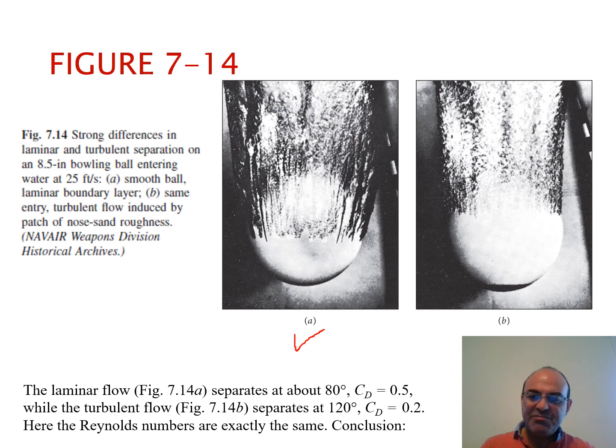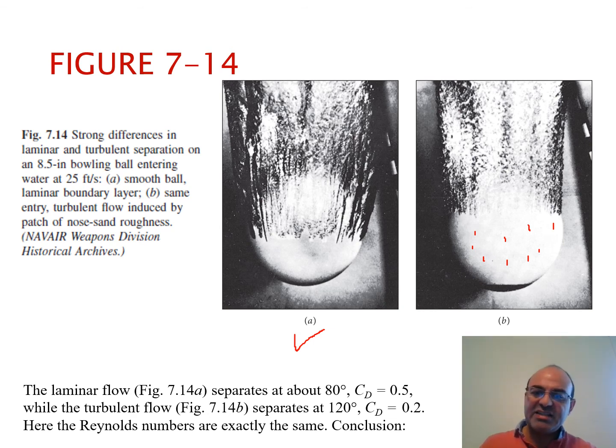In case B, sand particles have been attached to the surface of this ball in order to make the flow over this ball turbulent. Roughness creates turbulence, right?